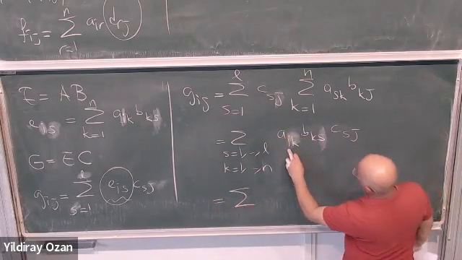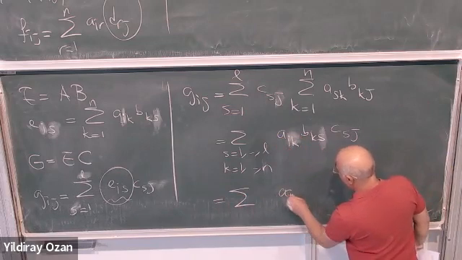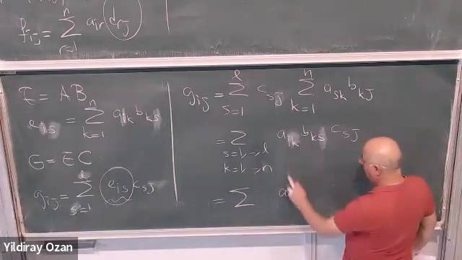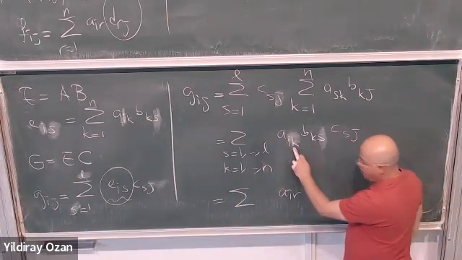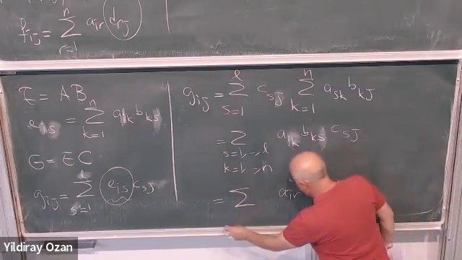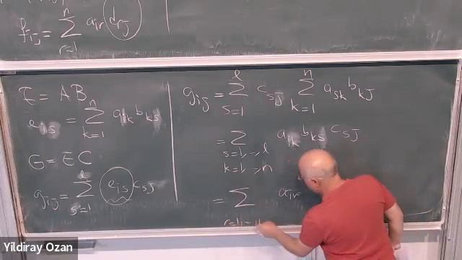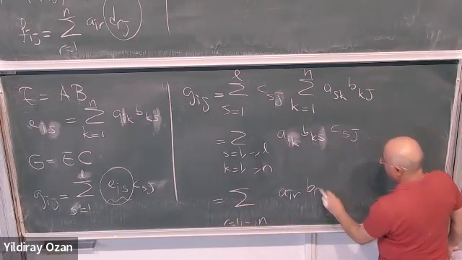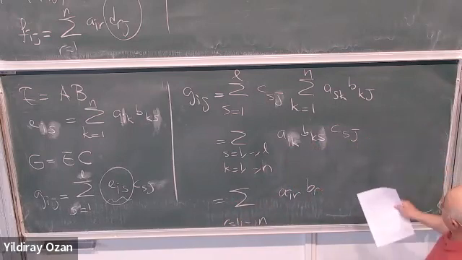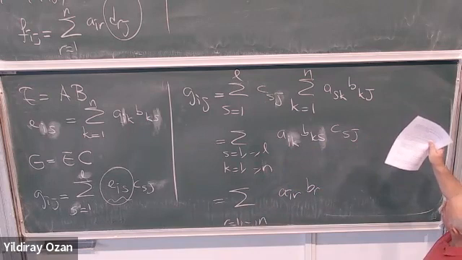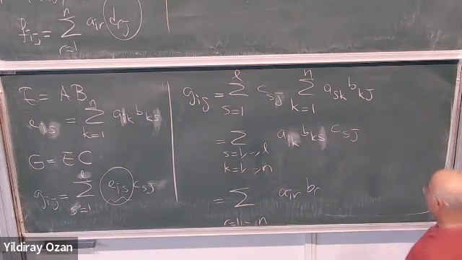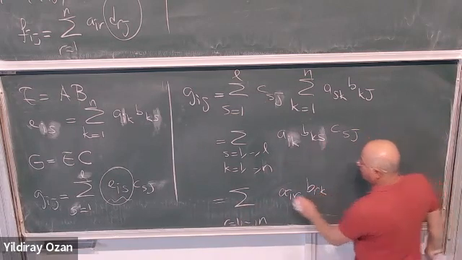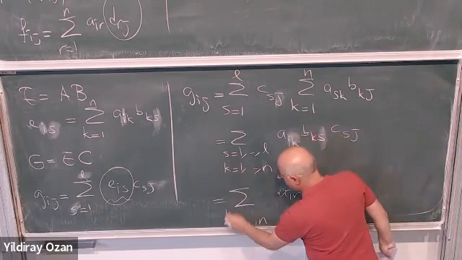Instead of I K, I need to write I R. This means that I am writing R for K. So instead of K, I will write R here, R from 1 up to N, and then B, K, S. Here I have K. So instead of S, I will write K.